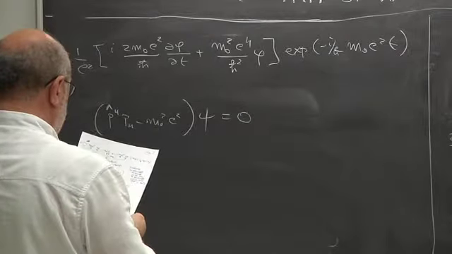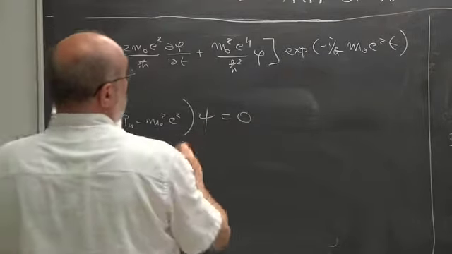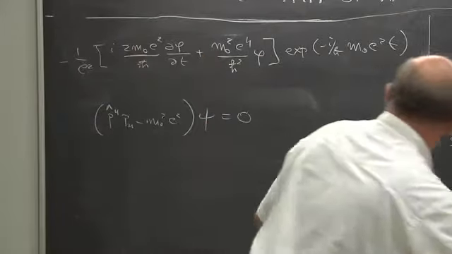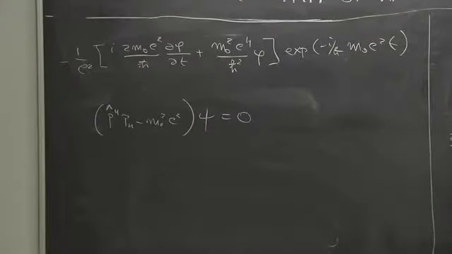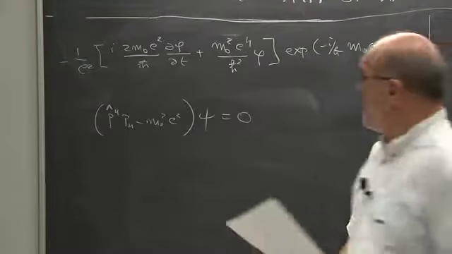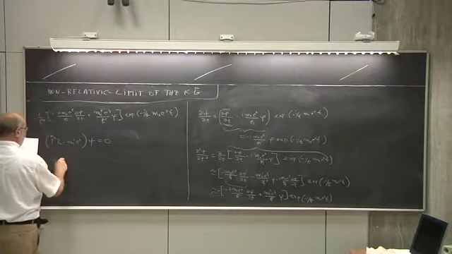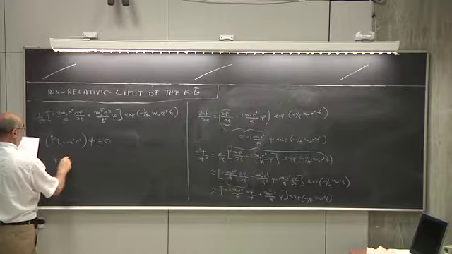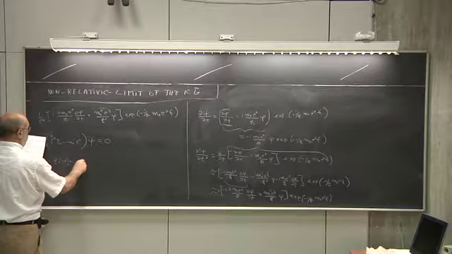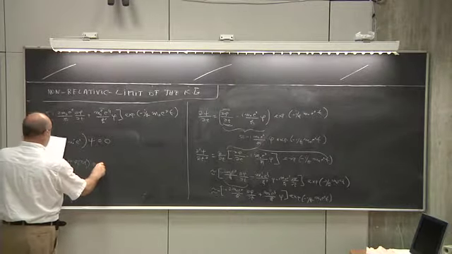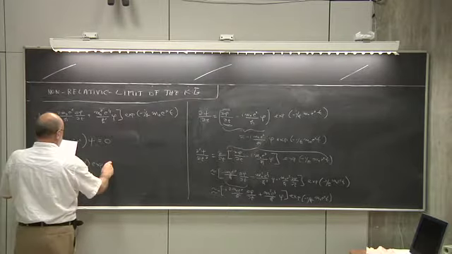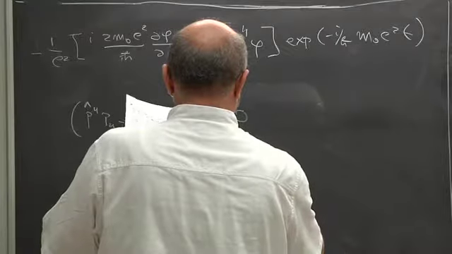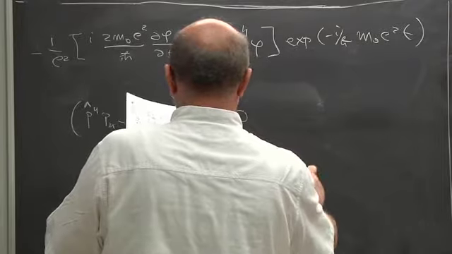Okay, and let's insert in the original equation the expression we had for psi, that psi of t was phi of t exponential minus i over h m0 c squared t.